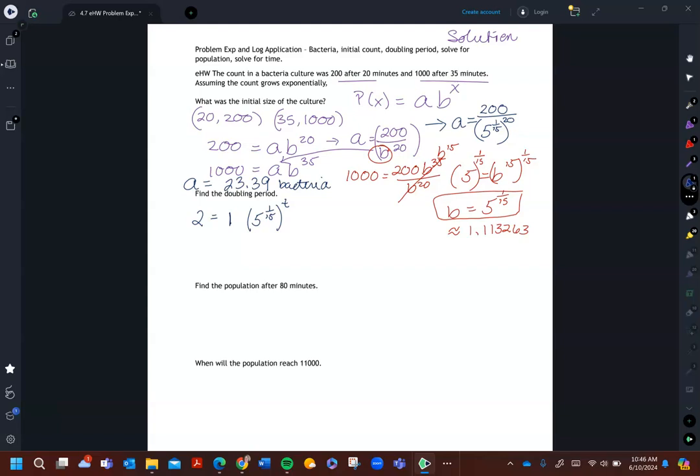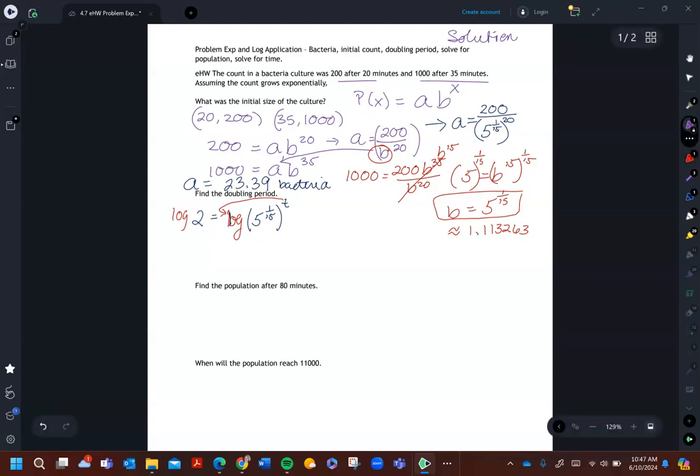So now I need to use logs. I'm going to take the log of both sides. Well, 2 divided by 1 is just 2 there. So I'm just going to write log 2. Then this T will come down.